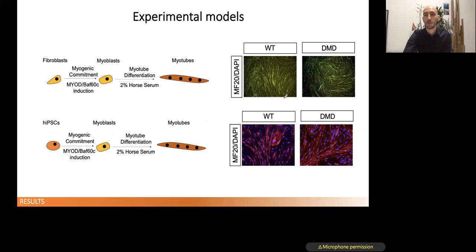As you can see from the staining, in all cases we are able to obtain these elongated multinucleated myofibers that are positive for the expression of myosin heavy chain. And you can see there is no different efficiency in the system between wild type and Duchenne.